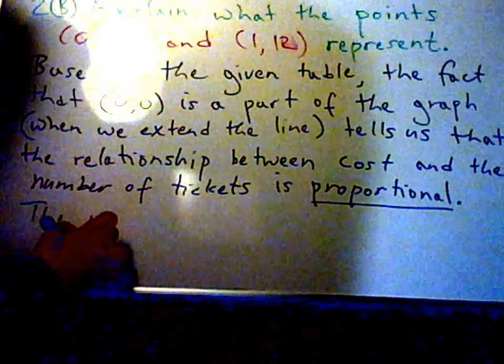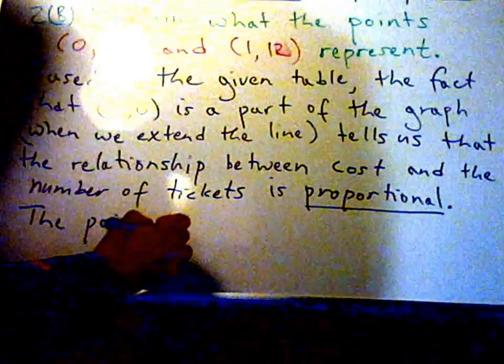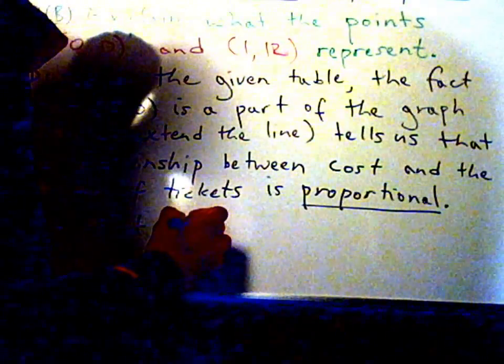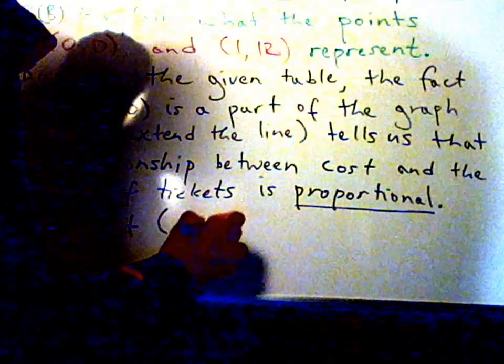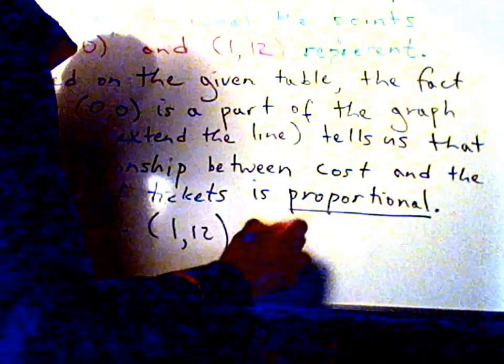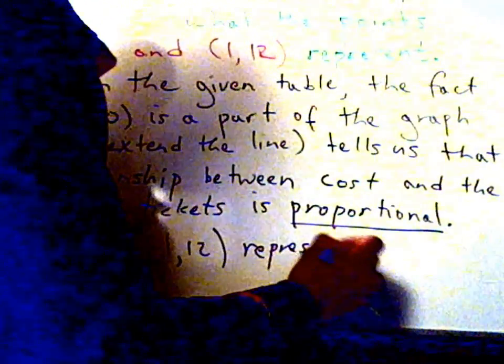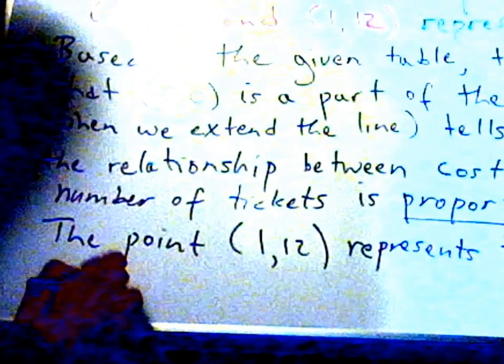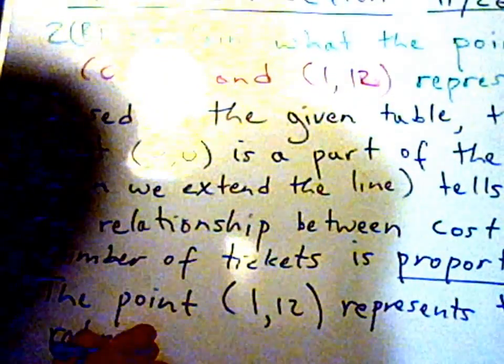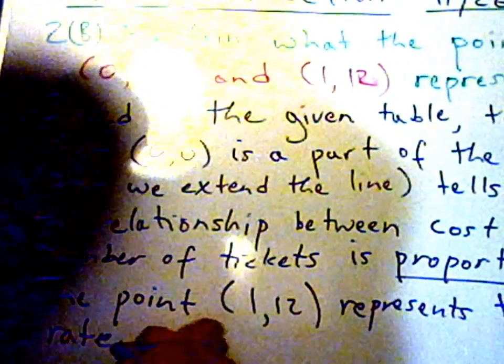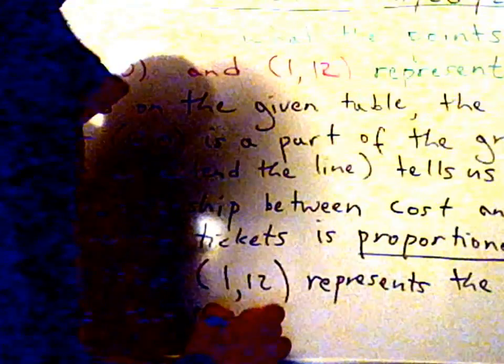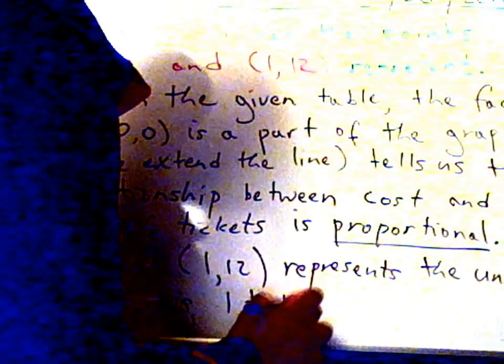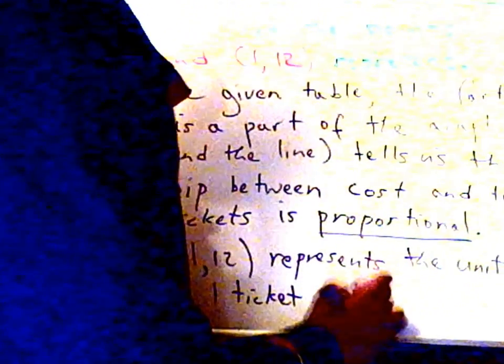The point (1, 12) represents the unit rate. That is, 1 ticket costs $12.